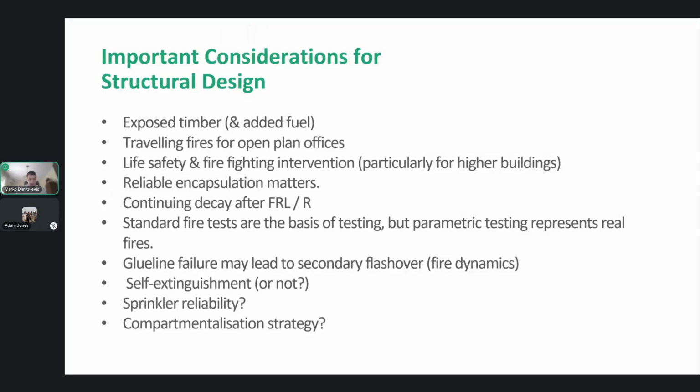Then, of course, there are a lot of questions about self-extinguishment and sprinkler reliability. Sprinklers are a very effective fire protection measure that can eliminate a lot of fires at the very start. And at the end, we have a question about compartmentalization strategies.